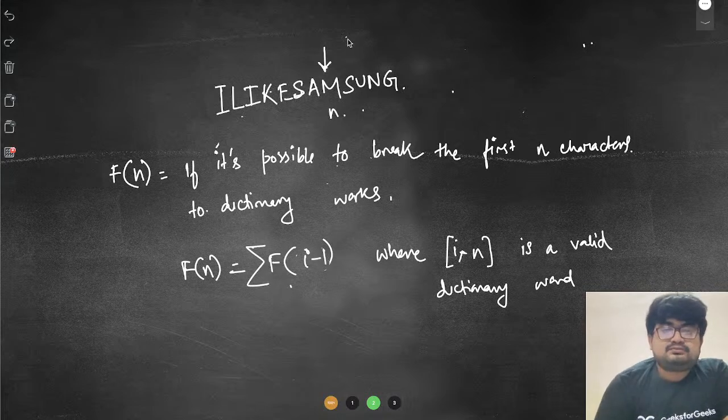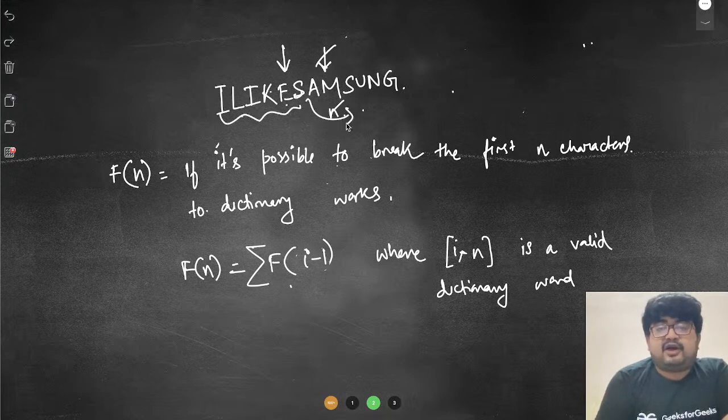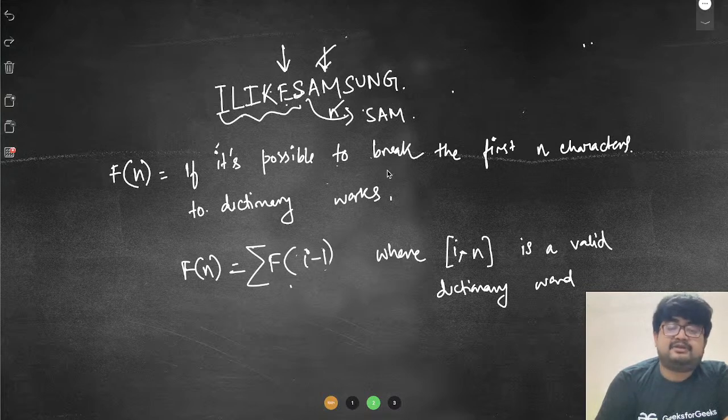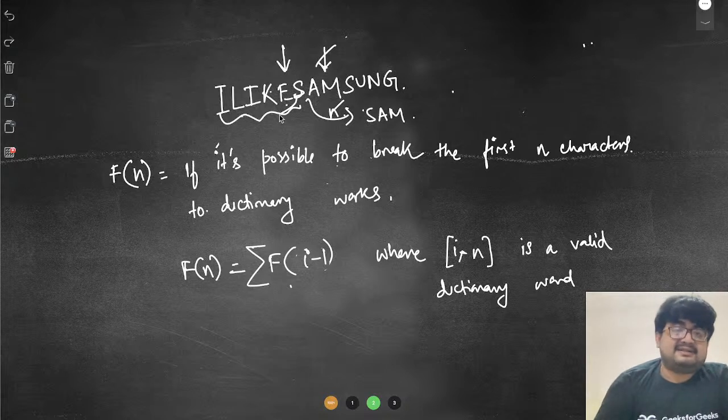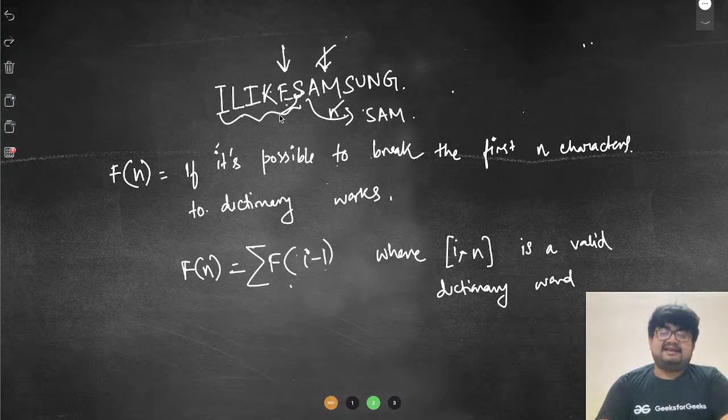So you will go to the previous one, that is here. You will see whether it is possible to match this part, because you have already taken out Sam and mapped it to something in the dictionary. So we'll try to map this part out. I like, right? So similarly, let's say you have taken up to E or KE, KESAM, and then ILI is left. So that will be the recursion again.